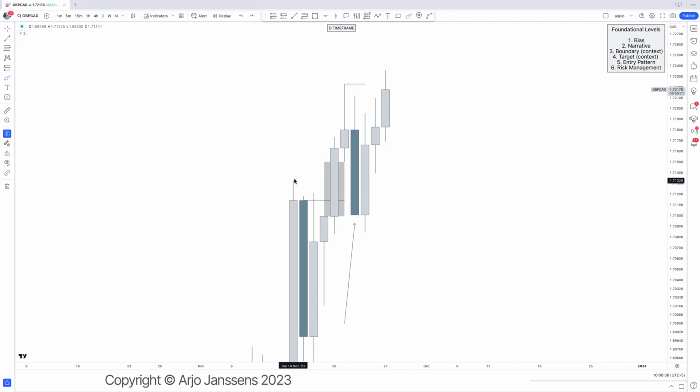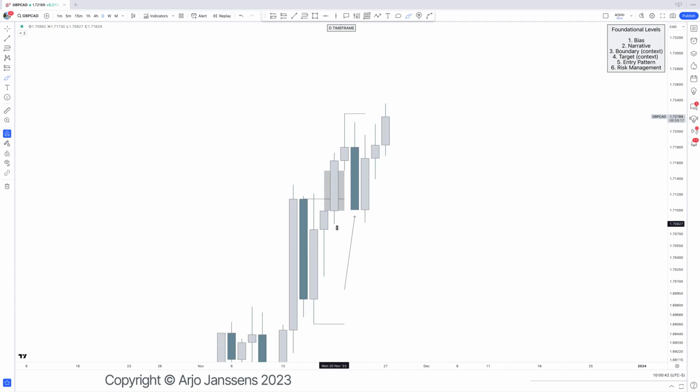Because the daily order block is quite big, we need to get very accurate with where we want to see higher prices from. The order block could have come into the open, could have come into it a little bit lower there, lower there, lower there, could have swept a low. So what is the boundary for us to go into the entry pattern, to look for our entry pattern?